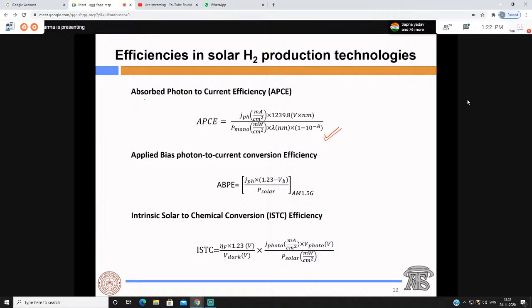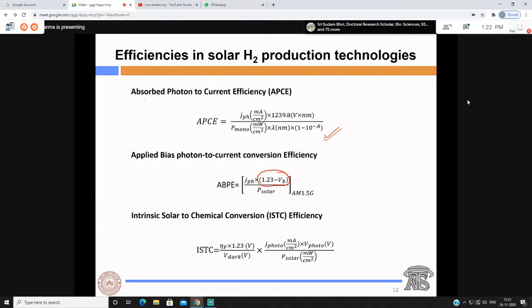This is one way of showing the efficiency of the system, how the system is responding not only to the solar irradiation, but also to the amount of electrical energy we are providing.